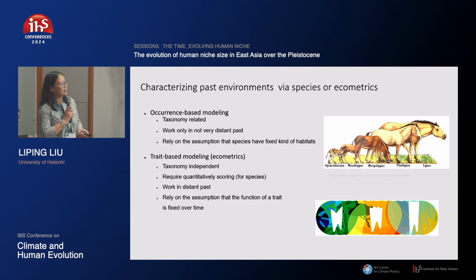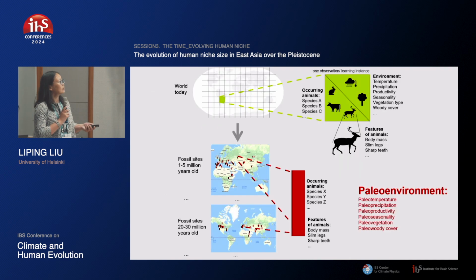So in the late 20th century, for climate reconstruction work, we used more of a dental trait model. This is advantageous because, first, it is relatively independent of taxonomy, and also you can use it for large temporal and spatial scales. And thanks to data, nowadays we have a lot of data available.